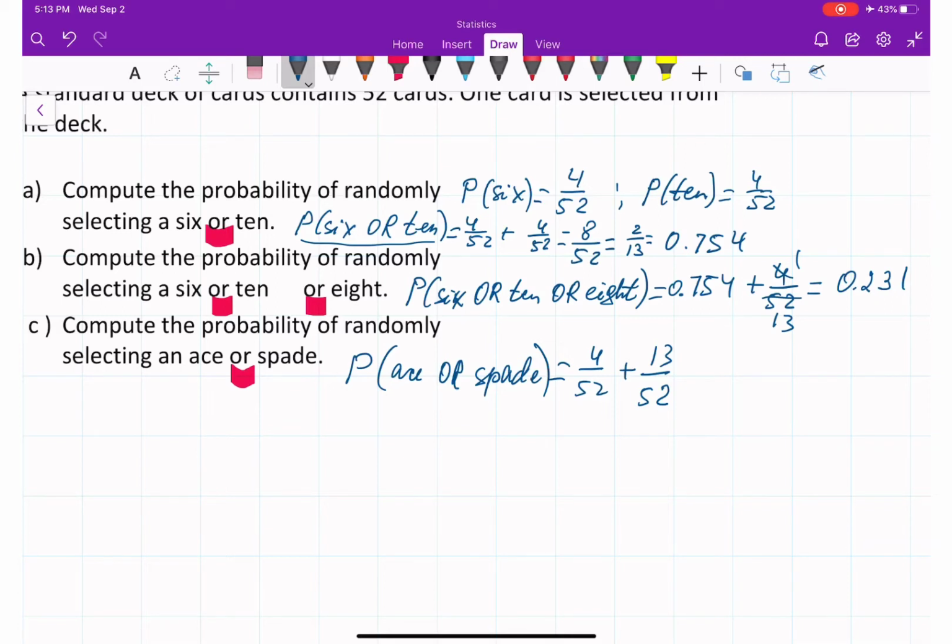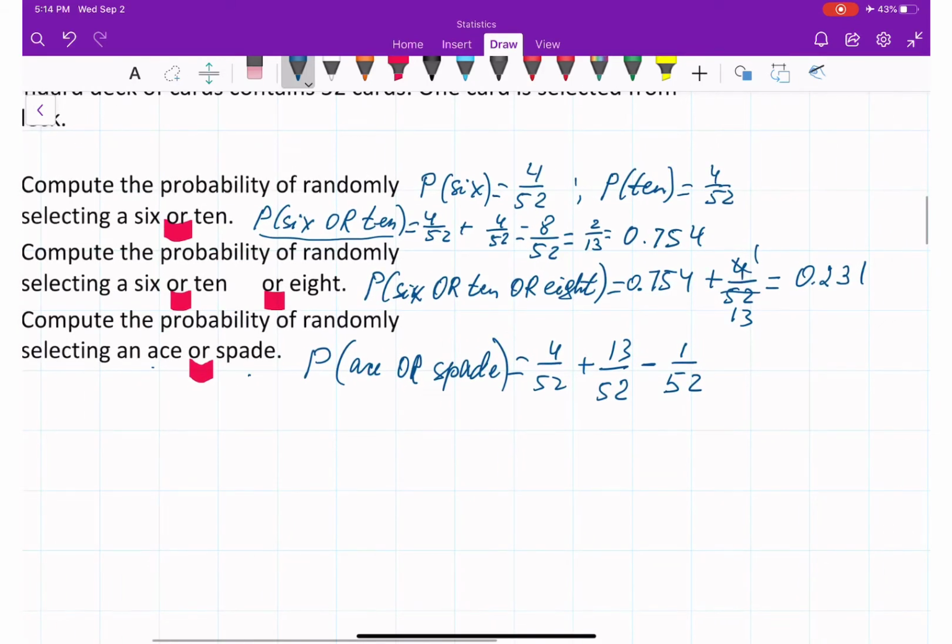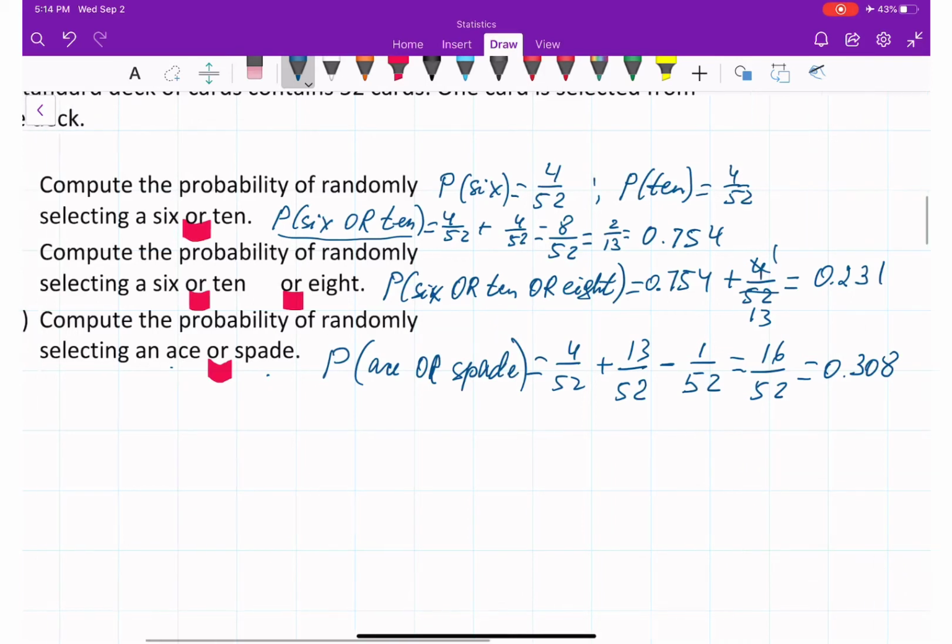So one card is going to be duplicated, in both ace and spade. Therefore, we are going to subtract 1 out of 52. If you watch the lecture, it will be clear for you. I clearly explained it there. So this is going to be equal to 16 over 52, which is going to be equal to 0.308. Okay? Moving to question number 6.